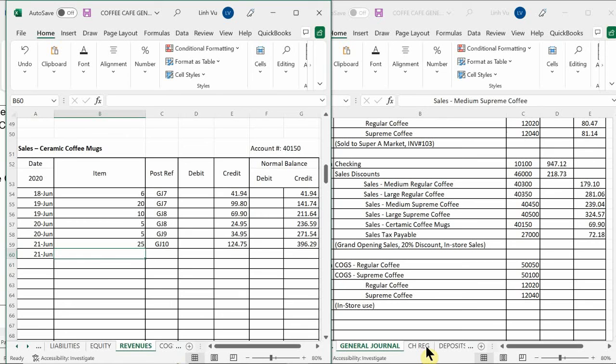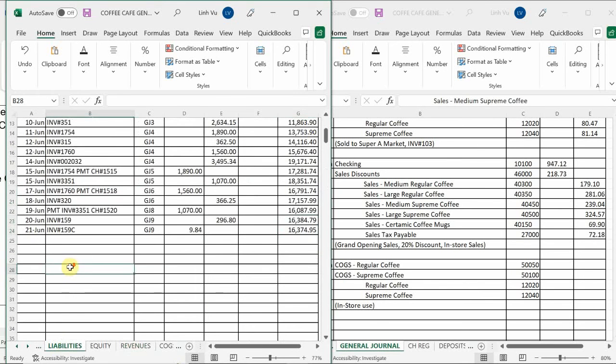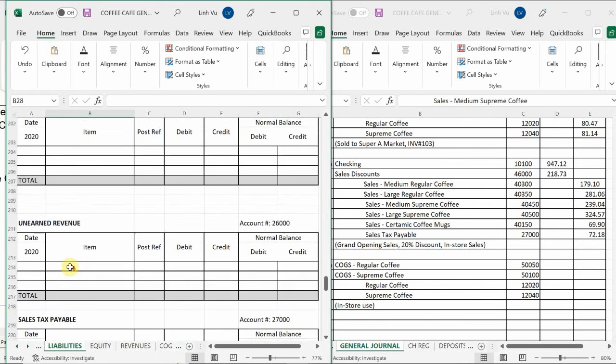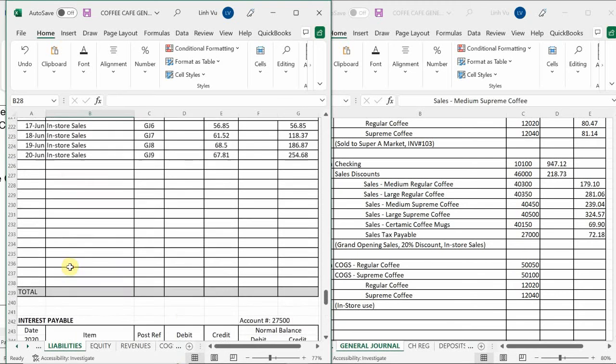We have now 10 units on page 10 for $69.90. And then total credit 466.19. Good. And then we need to go to sales tax payable at the bottom. Oh, too far. There you go.